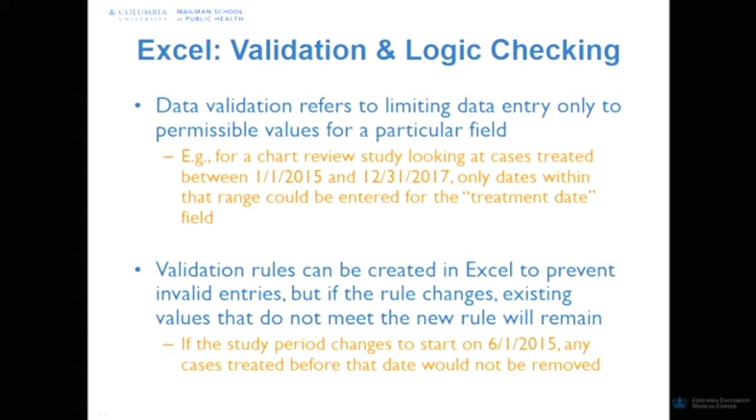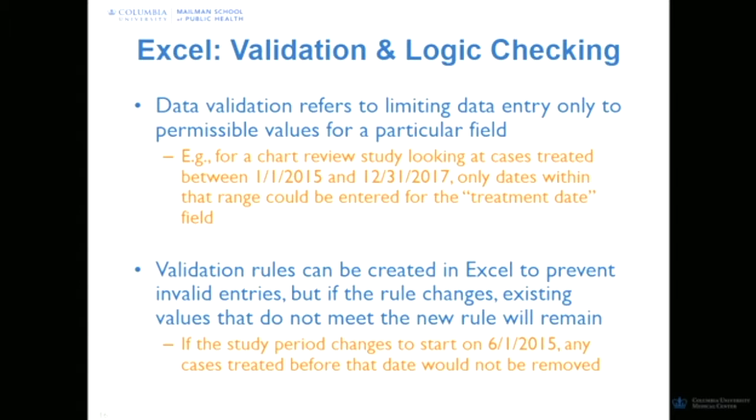Data validation and logic checking. So validation, like I referred to before, is limiting the values that can actually be stored, so that later on, when you're analyzing things, you don't have values that don't make sense, like a male patient that had 3 pregnancies.